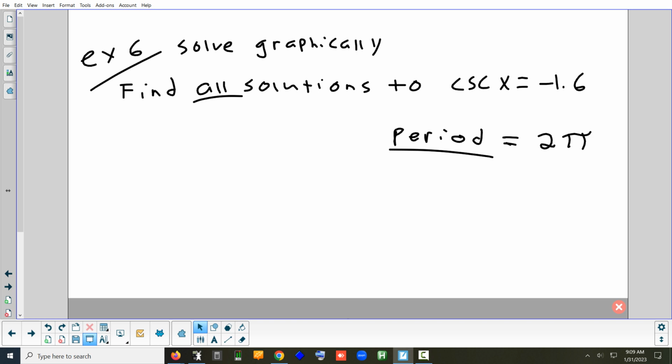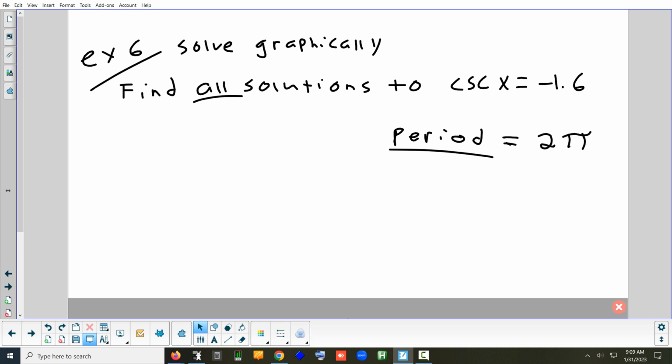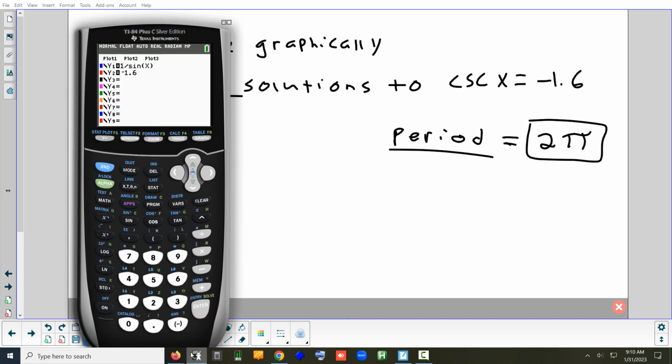And in this case, what number is in front of x? 1. So there is no transformation. So whatever answer we find, we need to put plus 2 pi n on the end. And that tells me how wide to set my window. Set your window so it's exactly 2 pi units wide.